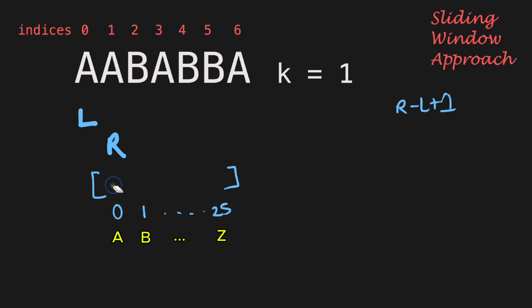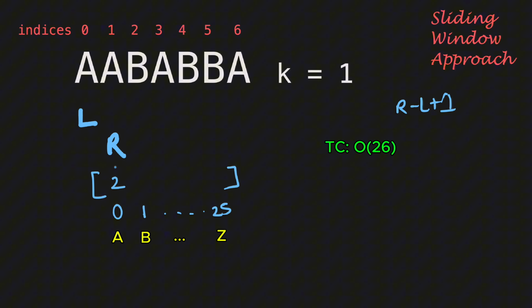So now the frequency of character A is 2, which is also the maximum frequency. And how can we find that? One way is to loop through this frequency array to find the maximum frequency. This will take O of 26 or constant time, since the array only contains 26 uppercase English letters.